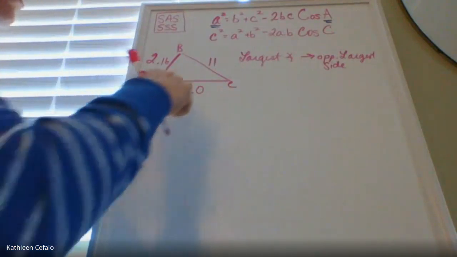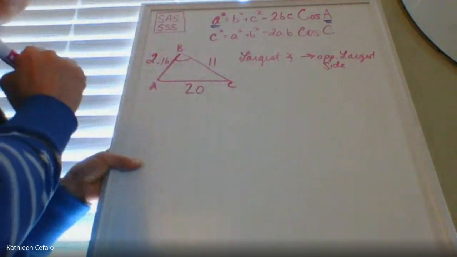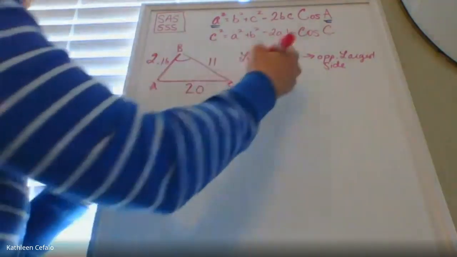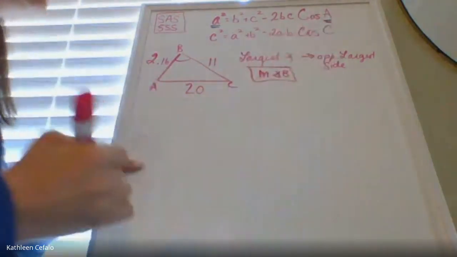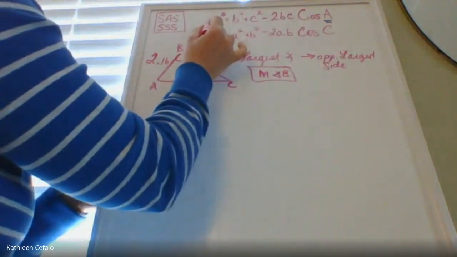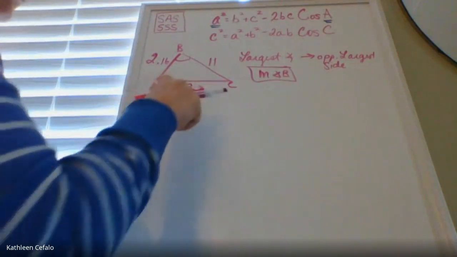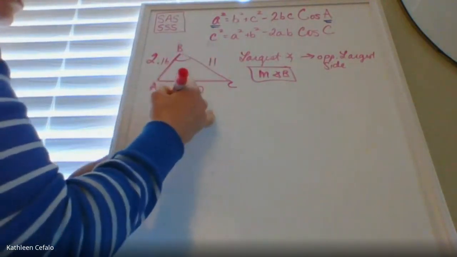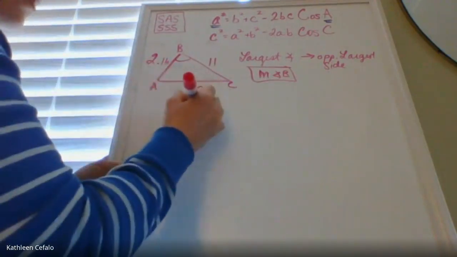So my largest angle then, if my largest side is here at 20, I have to find angle B. Okay, so that's what we are looking for. So if I have to find angle B, think of our formulas, then that means side B is going to be my bookend. Side B is going to be the side all by itself. So that means 20 is going to be the value all by itself. And now I'm going to fill in the rest.